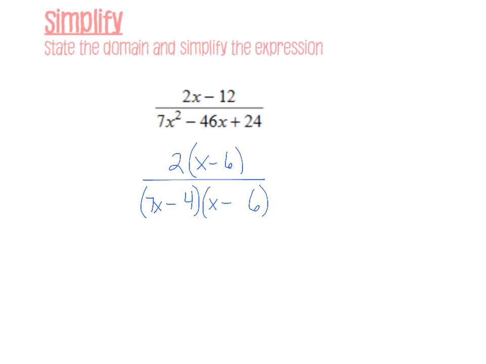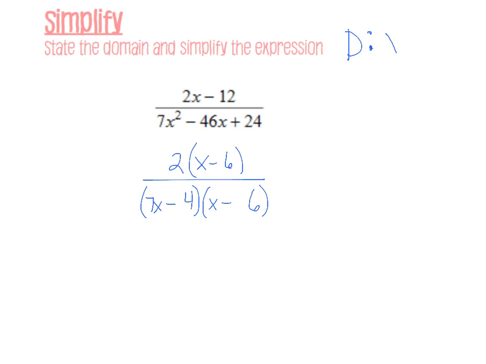Once everything is factored, that's when you can identify what values of x will make your denominator 0. Anything that would make this quantity 0, or anything that would make this quantity 0, would create a denominator of 0. That makes those restrictions to the domain. Up here I'm going to just state my domain.